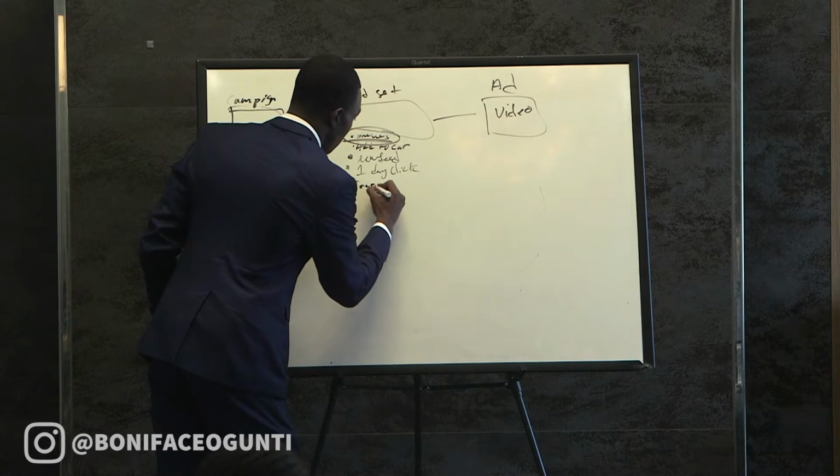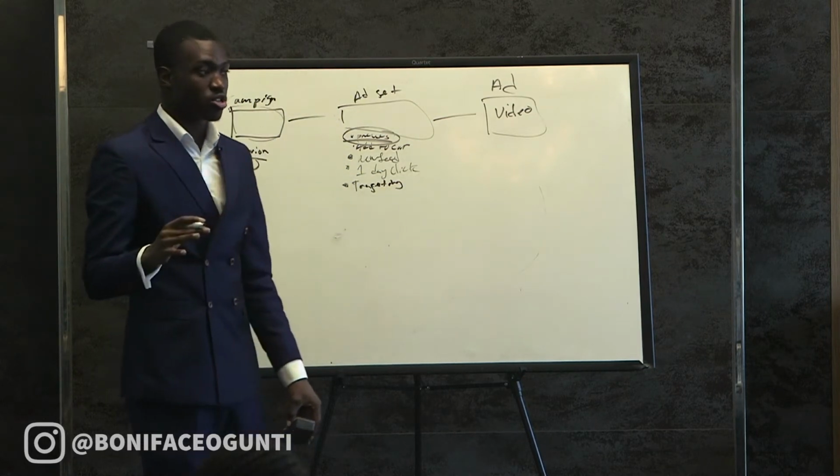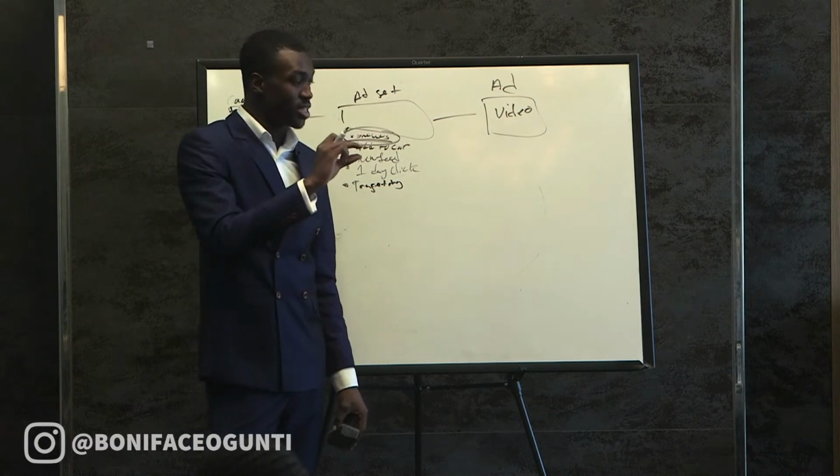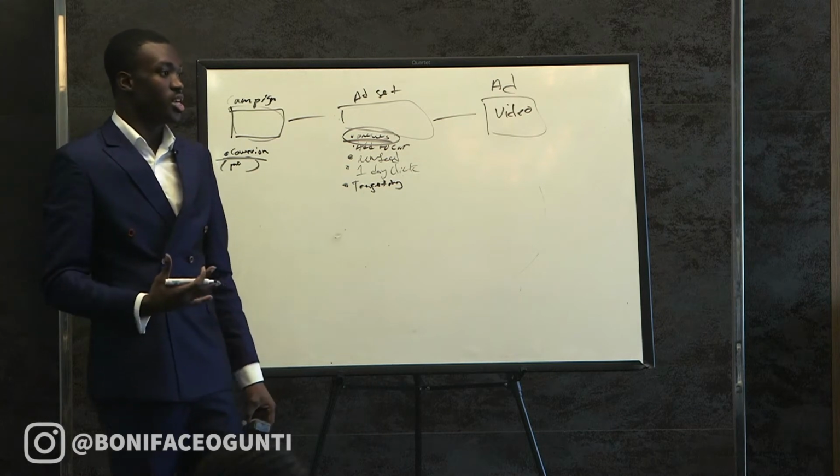When you're targeting people, you want to make sure you target precisely, especially the most precise audience. Because if you target a precise audience, you're more likely to get faster conversion.